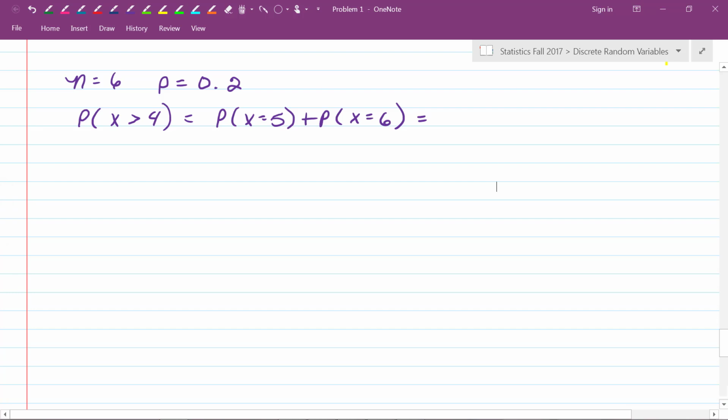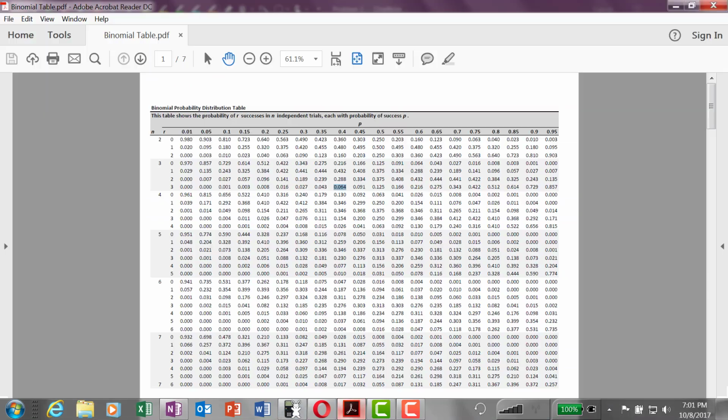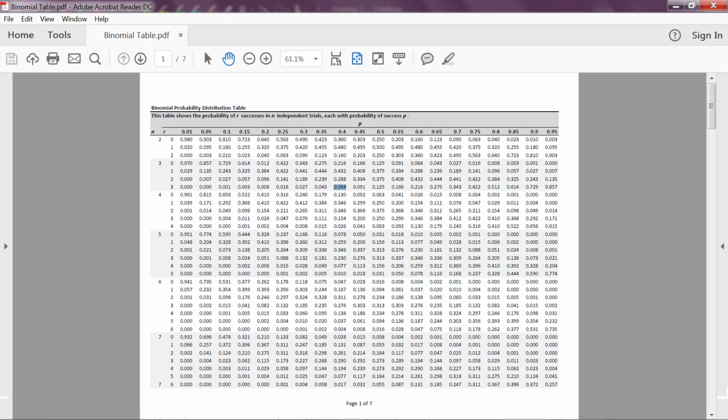And I'm going to come in here and look at my chart. And we had N is equal to 6. And we needed to find the probability of X is equal to 5, which is also known as R on the table here, and 6. So we're going to come over here to where P is 0.2, looking at the intersection. And I'm going to come right down here. And I have of 5 is 0.002, and of 6 is 0.